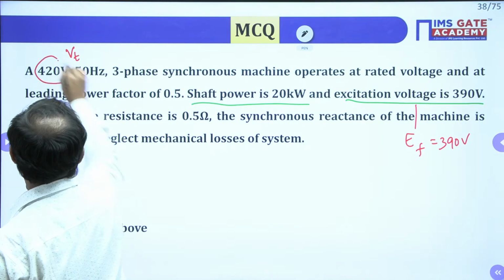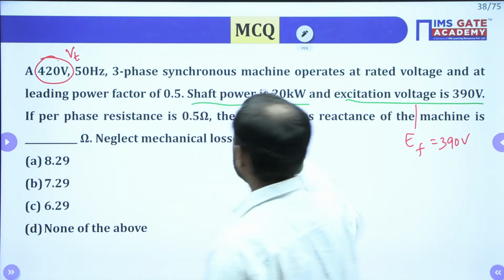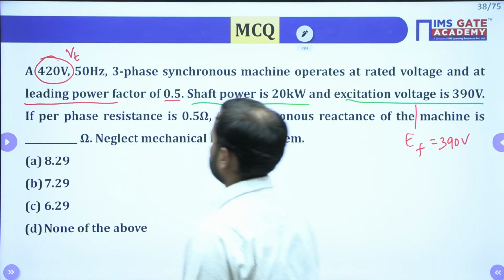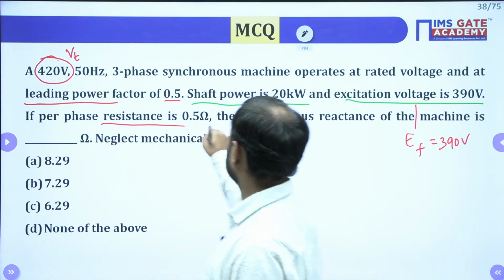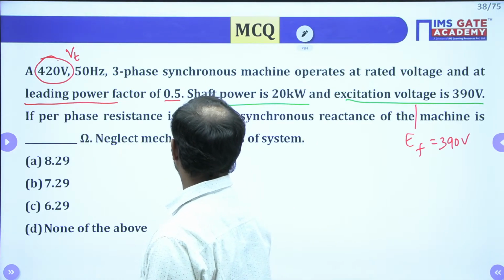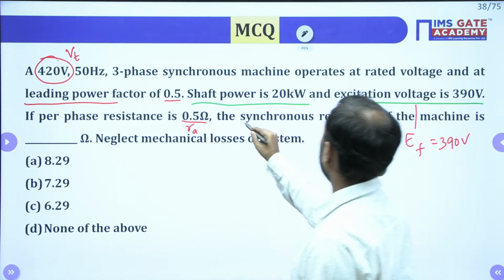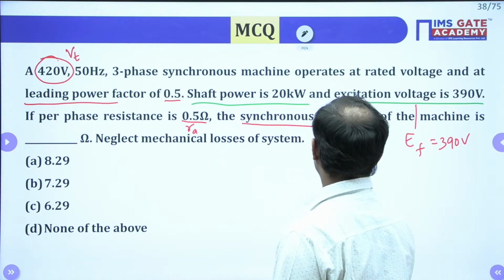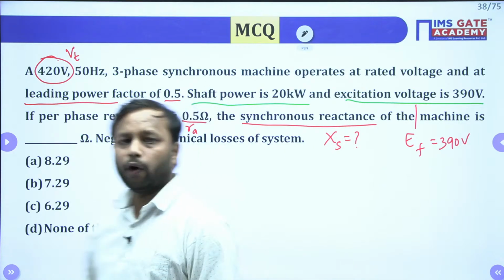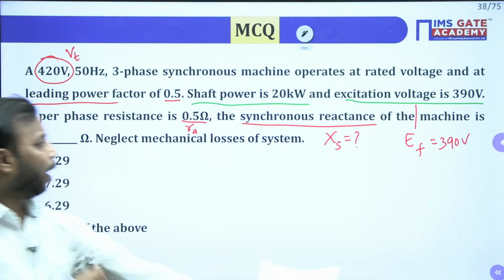And this machine is operating at leading power factor of 0.5, whereas armature resistance is 0.5. So this is RA. And we need to calculate XS, neglecting mechanical losses.